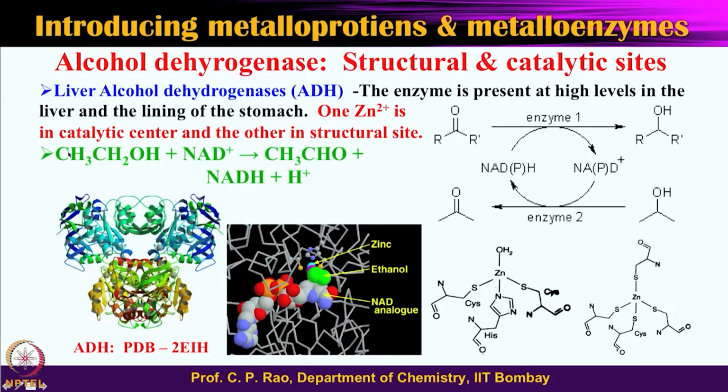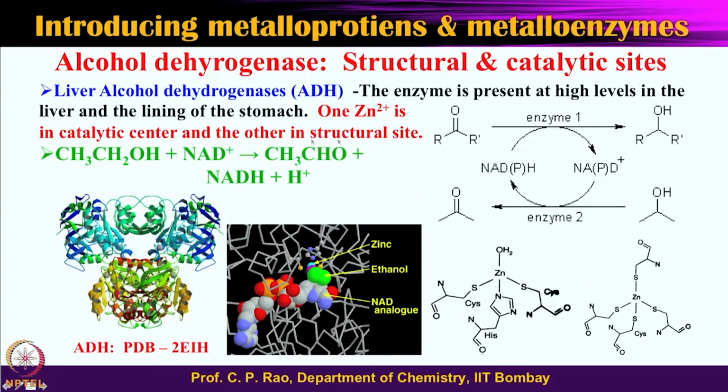As I told you, the reaction is CH3CH2OH in the presence of an oxidized cofactor. NAD plus is the oxidized cofactor, that will convert it into aldehyde, and NADH is the reduced form.